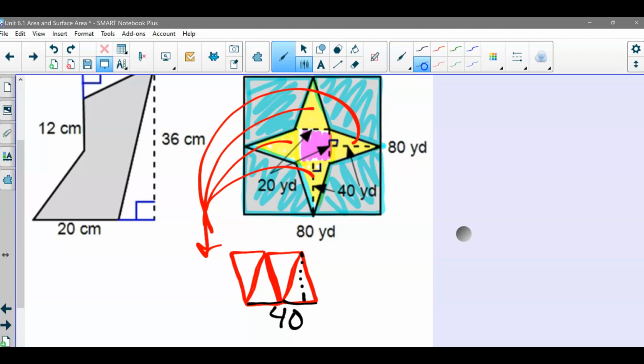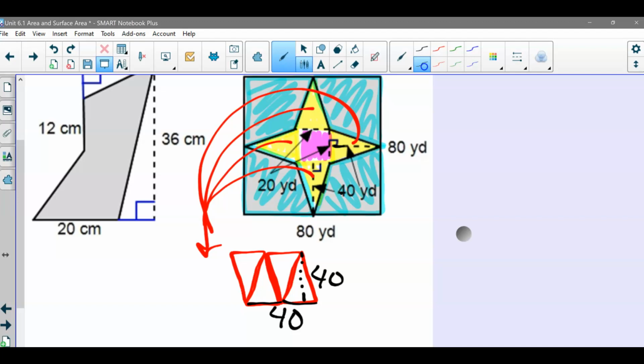So what's the height here? Look at it right here. It's pointing to the dotted line. 40, right here. 80 is this side. 40, see the arrows pointing to it? So 40 and 40.